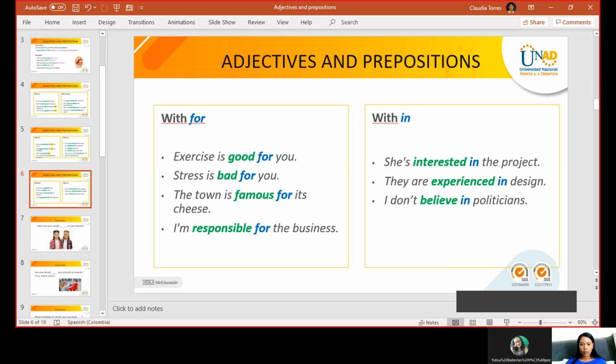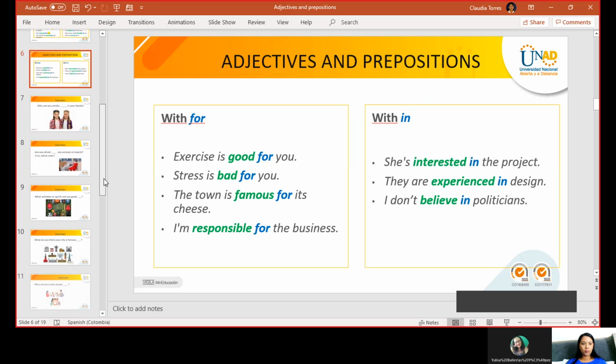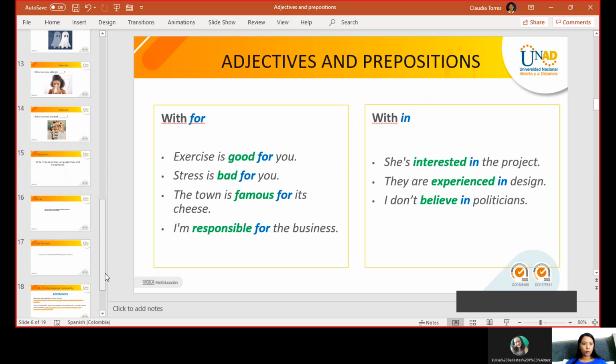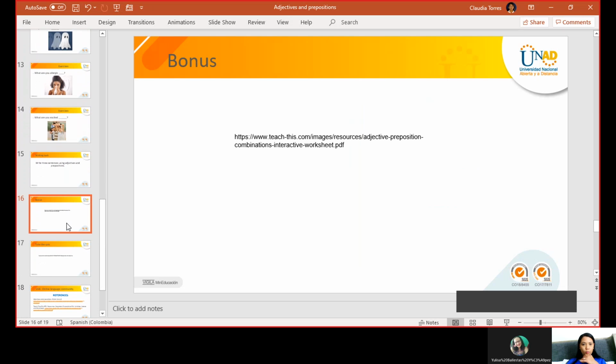Okay, so we have finished with that part. I'm going to give you a link for you to practice at home. So I'm going to share this. Here you will find more adjectives and preposition exercises.